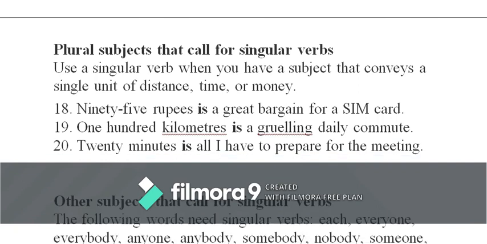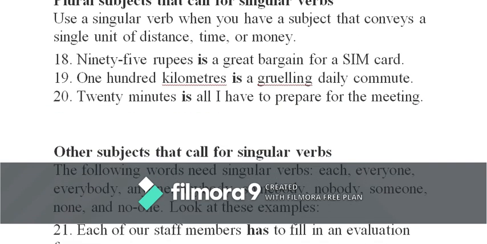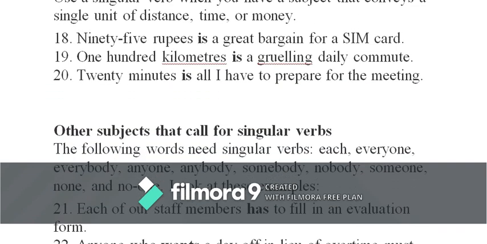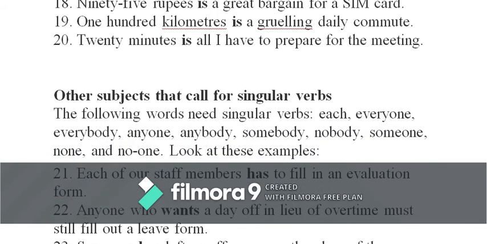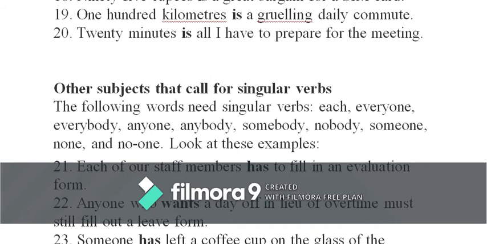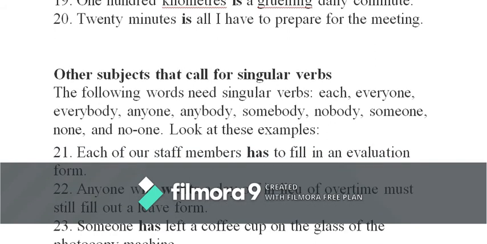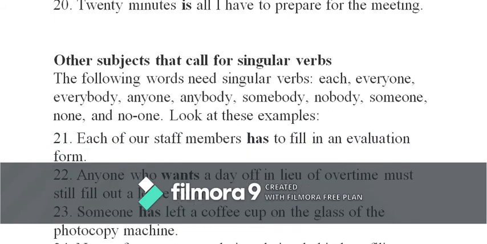Other subjects that call for singular verbs. Now make a note of all these words. Each, everyone, everybody, anyone, anybody, somebody, nobody, someone, none and no one. These are known as indefinite pronouns.